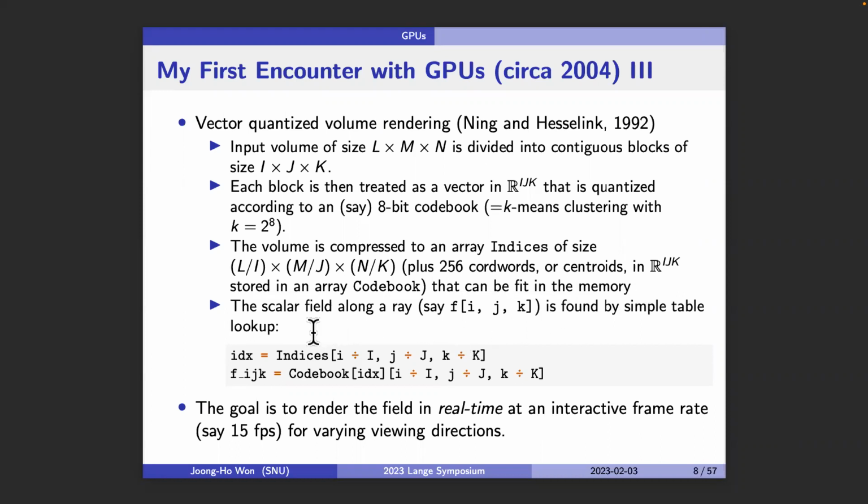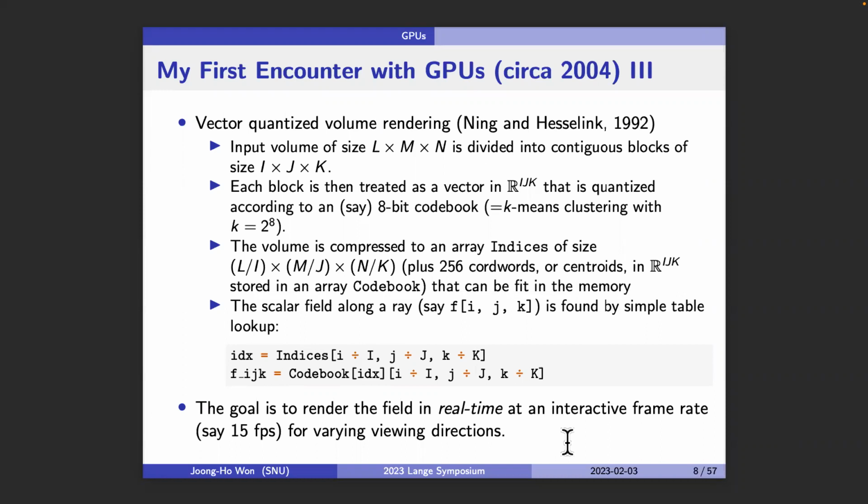Then you can find this scalar value basically by table lookup. So you have an index. You basically do some index calculation, and you look up the centroid, called codebook. So that's the basic idea of the vector quantized volume rendering.